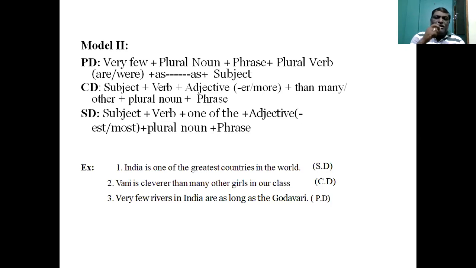For example, India is one of the greatest countries in the world. You can say India is greater than many other countries or most other countries in the world. In the positive, very few countries are as great as India. So that's how you can convert positive to comparative, comparative to superlative, superlative to positive.